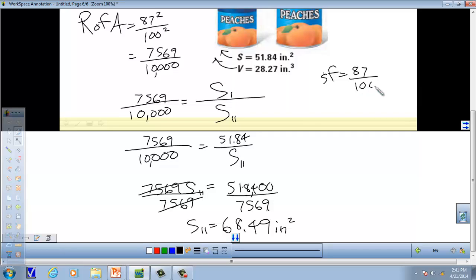For the volume, we want to find the ratio of volumes. So we're going to say 87 cubed over 100 cubed. 87 cubed ends up being 658,503, and on the bottom 100 cubed ends up being 1,000,000.